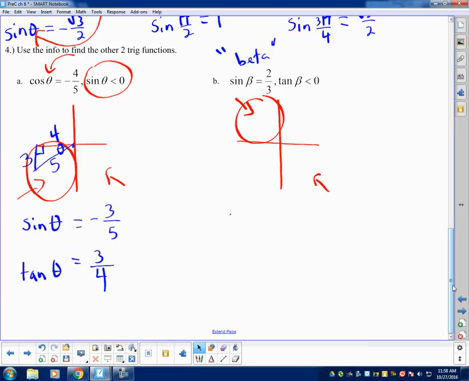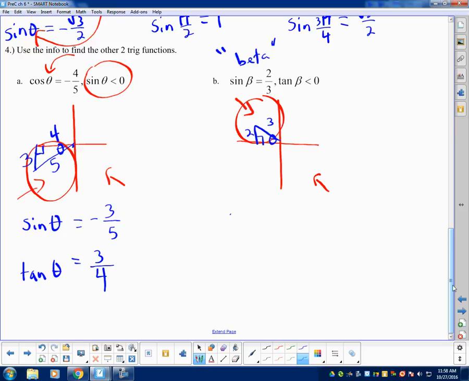So there we are. Now, I'm going to draw my reference angle here. The reference angle here is beta, coming up from the x-axis. The opposite side would be 2. The hypotenuse is 3.